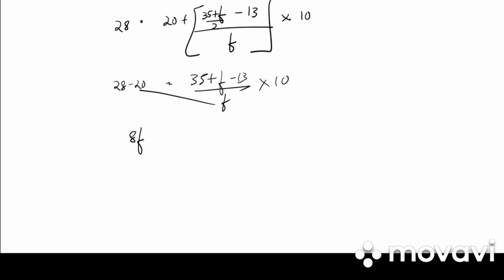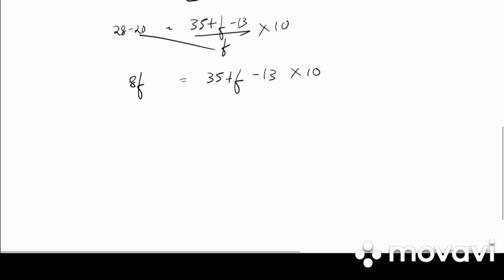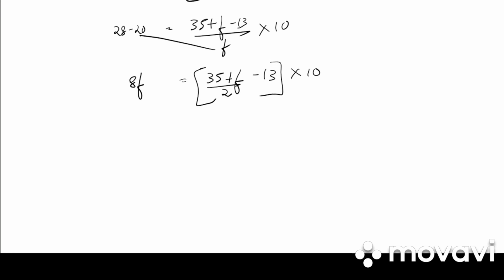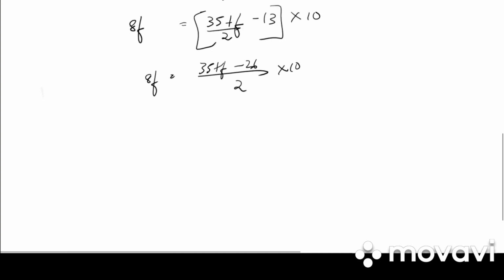So 8, F will go that side. 8F is equal to 35 plus F minus 13 into 10. So for this we need to take the LCM of 2. So 8F is equal to 35 plus F minus 26 divided by 2 into 10.